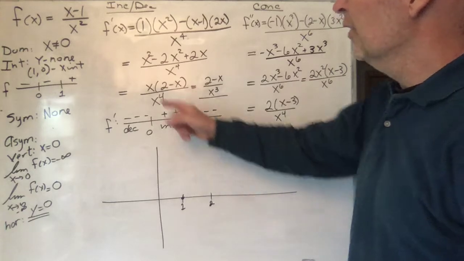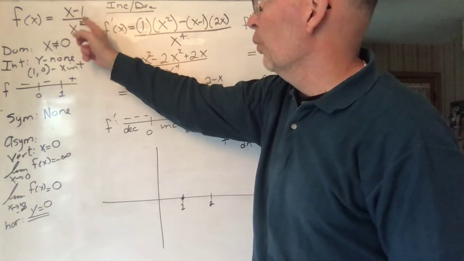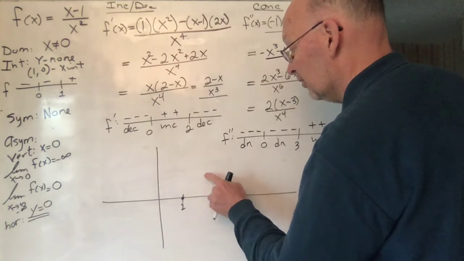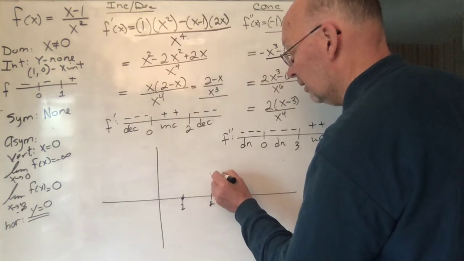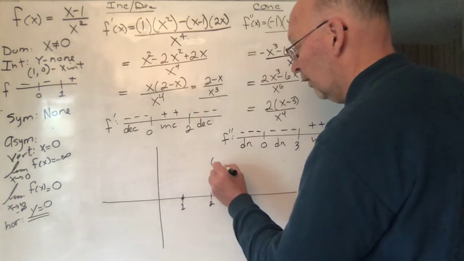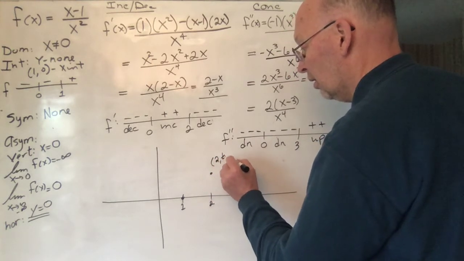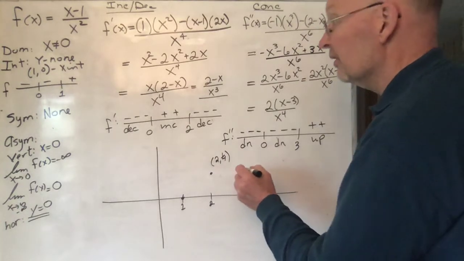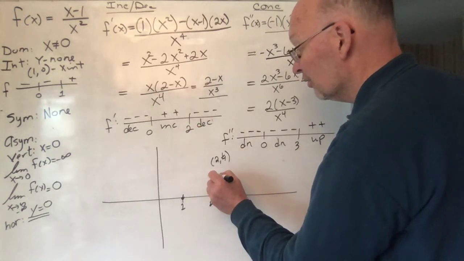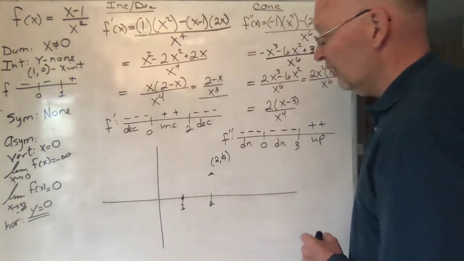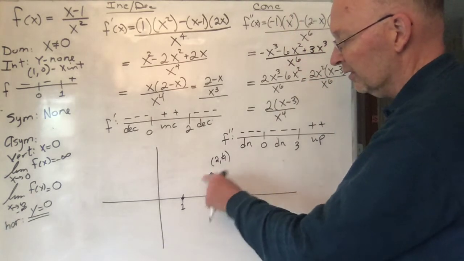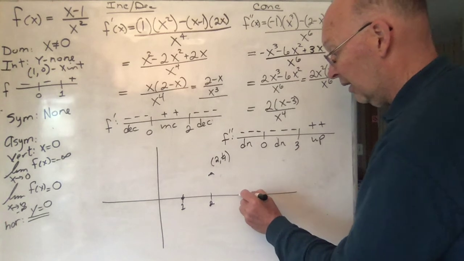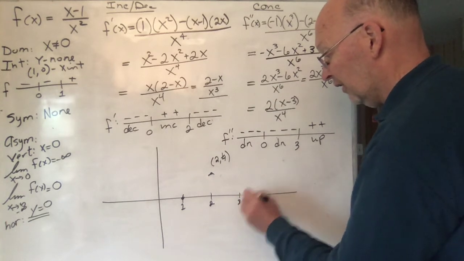So let's find the value at 2. 2 minus 1 is 1 over 2 squared is 1/4. So let's say that that's up here, just to make it a little bit easier to see. So there's 2, 1/4. And I also like to do this. It's increasing until you get to 2, and then decreasing after you pass 2. So it's a little relative maximum right there. So I just like to put as much stuff on as you can fit on the graph.